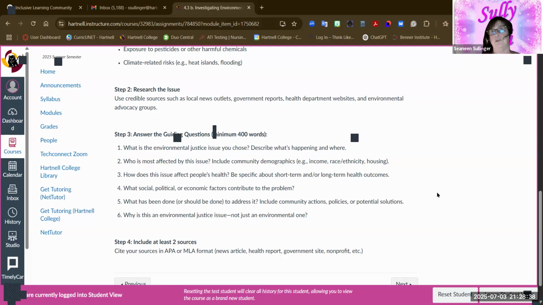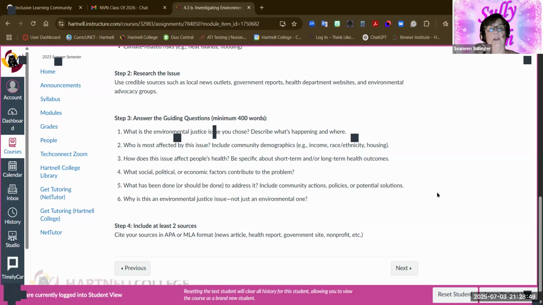Are there any particular structural determinants of health, social, political, economic factors that are contributing, and what has been done or should be done? And then looking at why this is specifically an environmental justice issue, not just an environmental one. So we're putting those two concepts together.